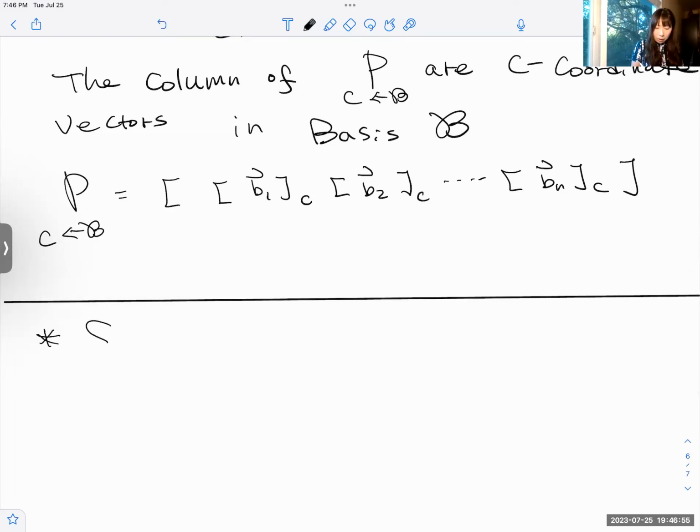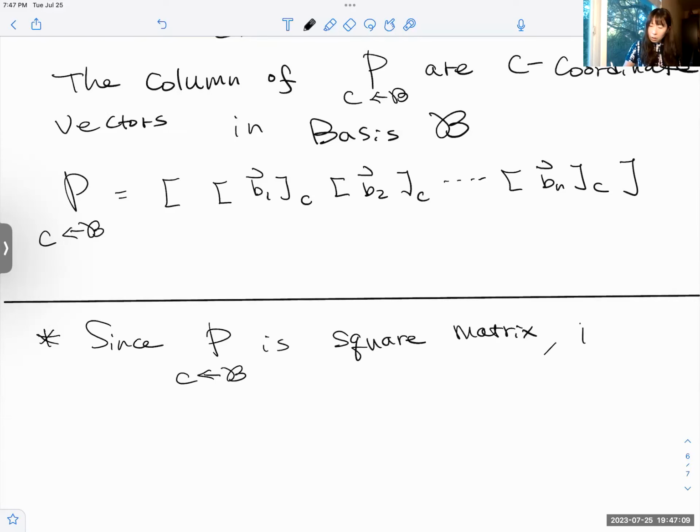Since P from B to C is a square matrix, it must be invertible. If it were not square, then we could not have an inverse, as I showed you earlier, right?